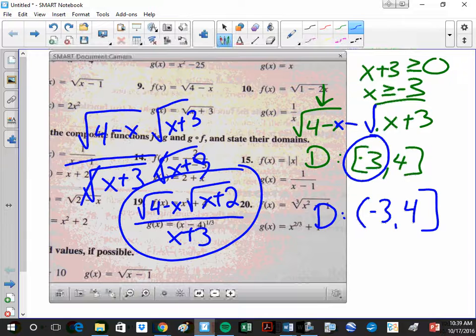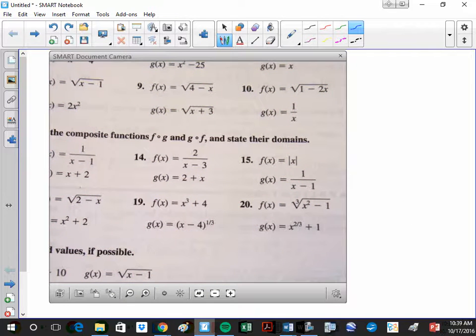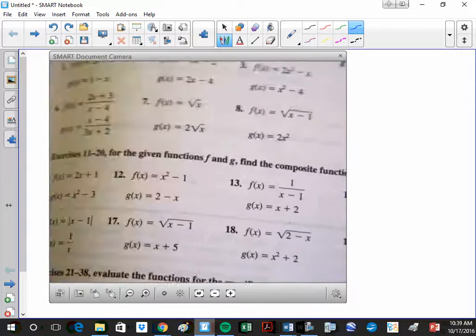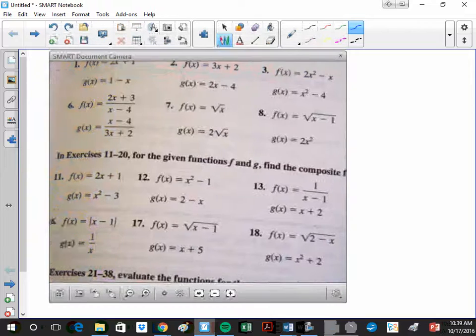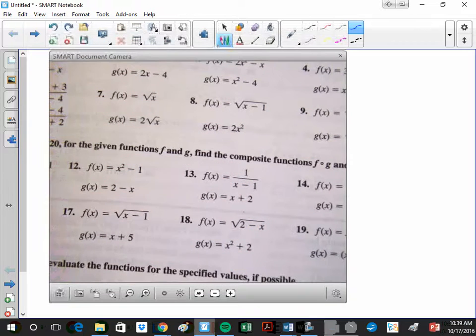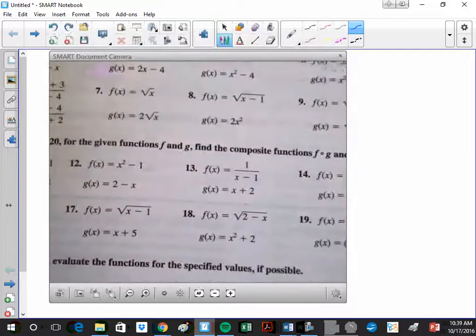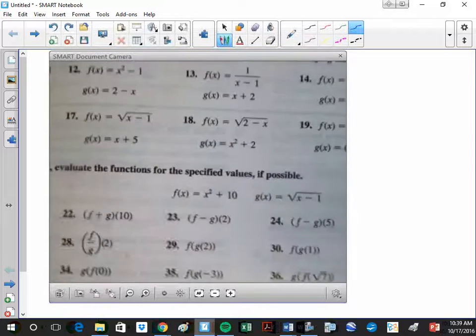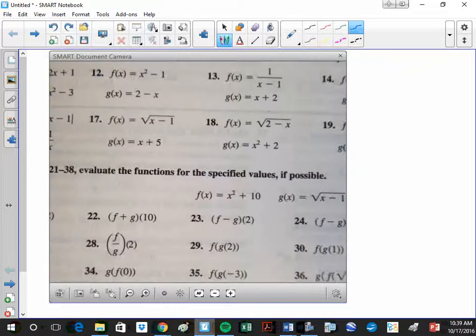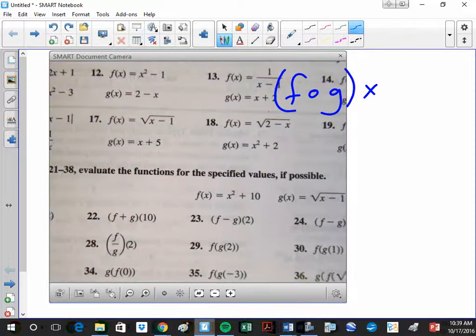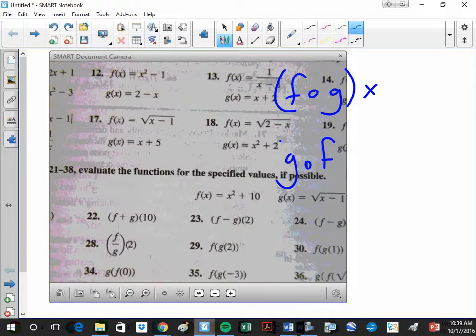Okay, last one is composition. So let's do number 17. Composition, f composed with g of x and g composed with f of x.